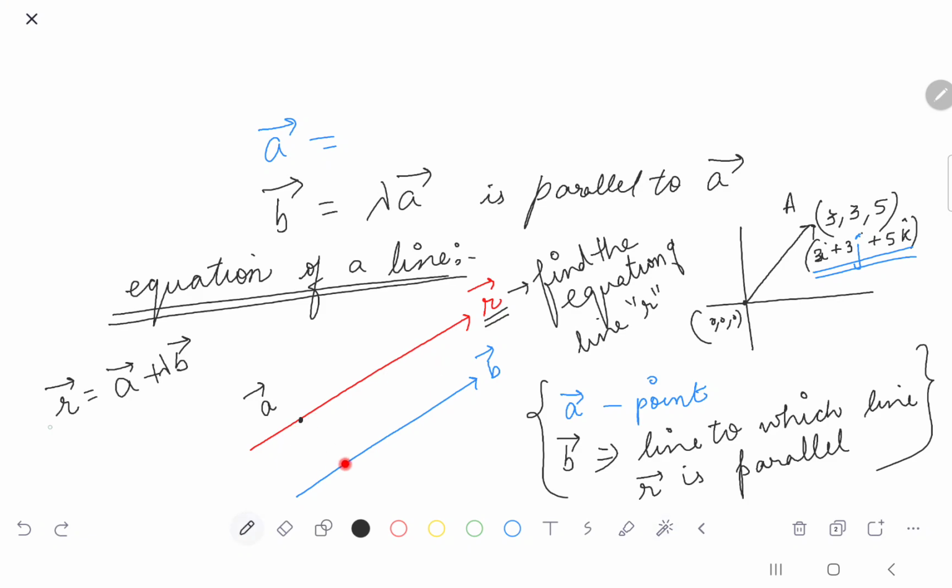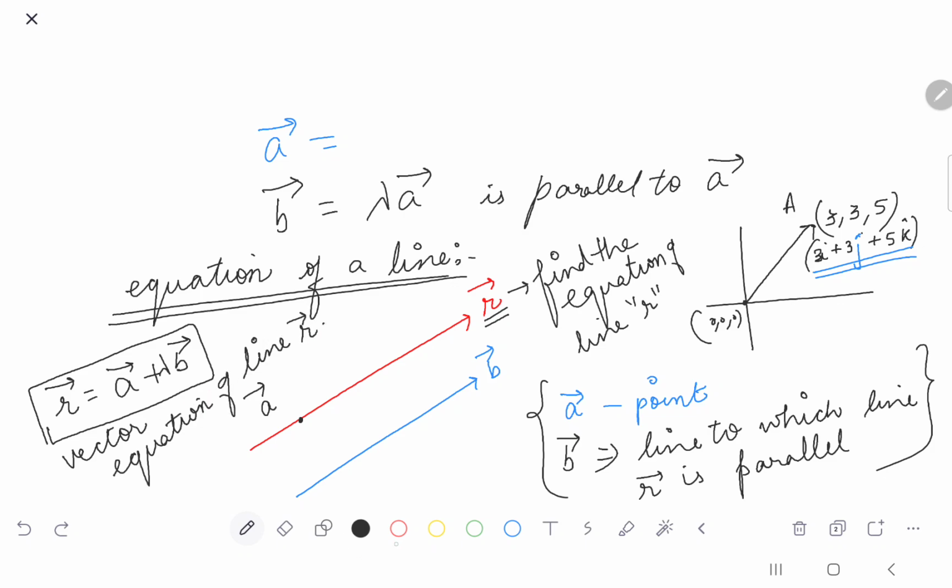This is my vector equation of line R. Understood or not? Yes, ma'am. So first of all, you have to understand the notation. A is the point, B is the vector, and R is the random line.